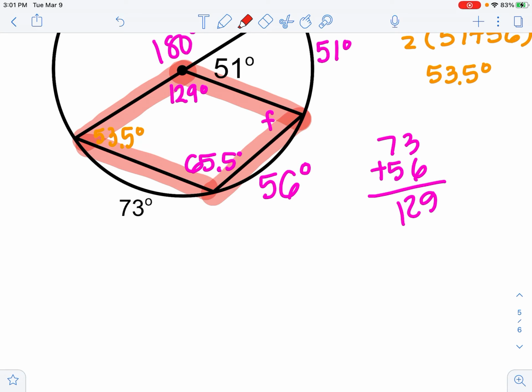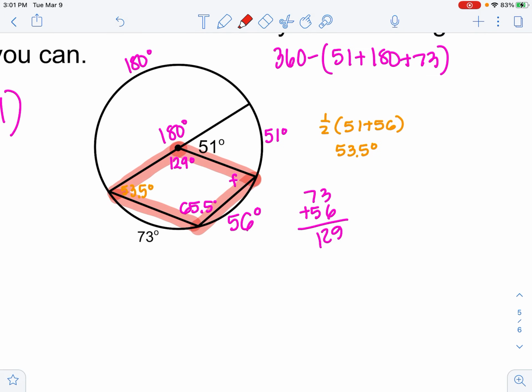You have this quadrilateral right here. We know that triangles always add to 180. Quadrilaterals always add to 360. So I can figure out what angle F is by adding the other 3 angles in the quadrilateral and then doing 360 minus that.